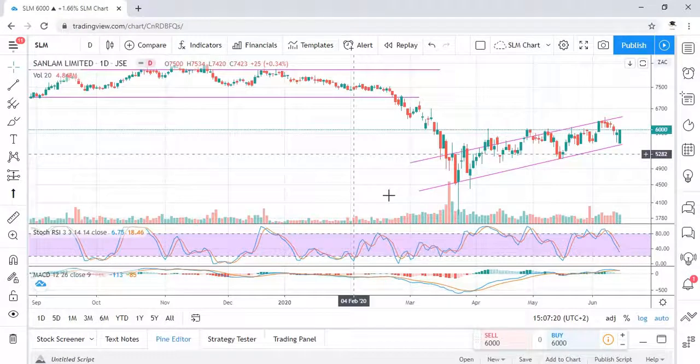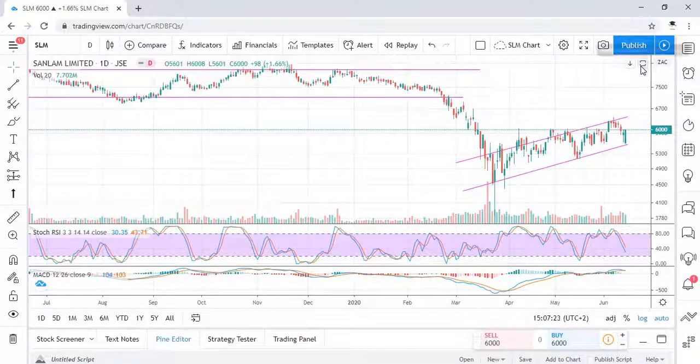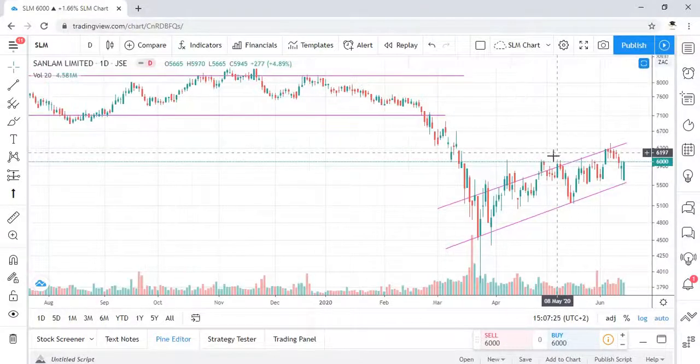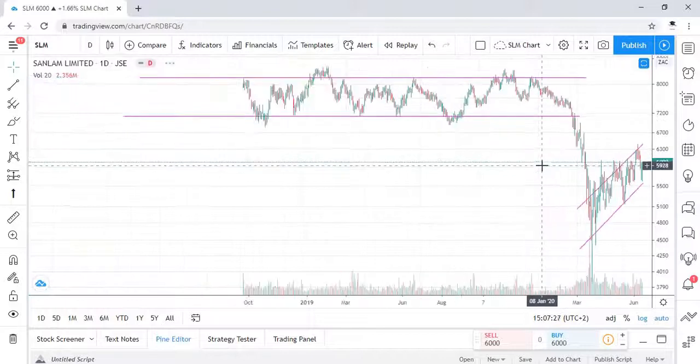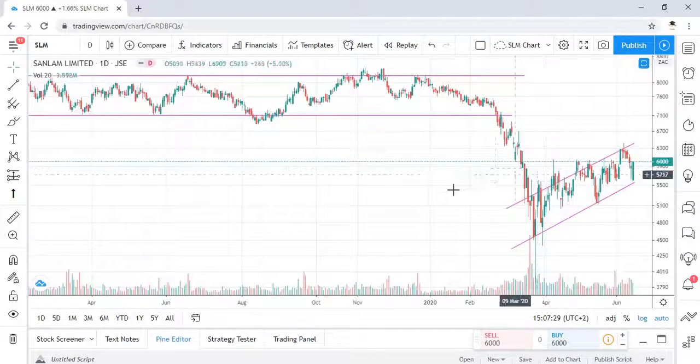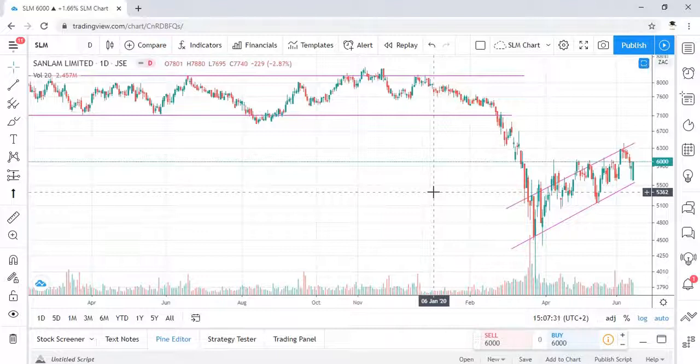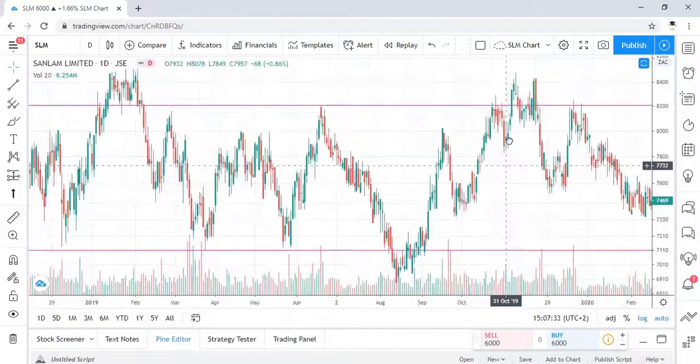So this is a chart for Sanlam. So we want to look for something that we can look at as a double bottom formation.